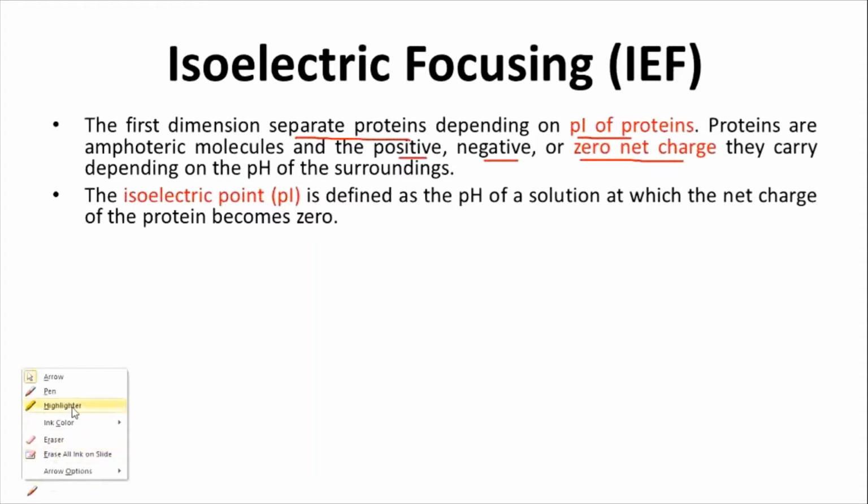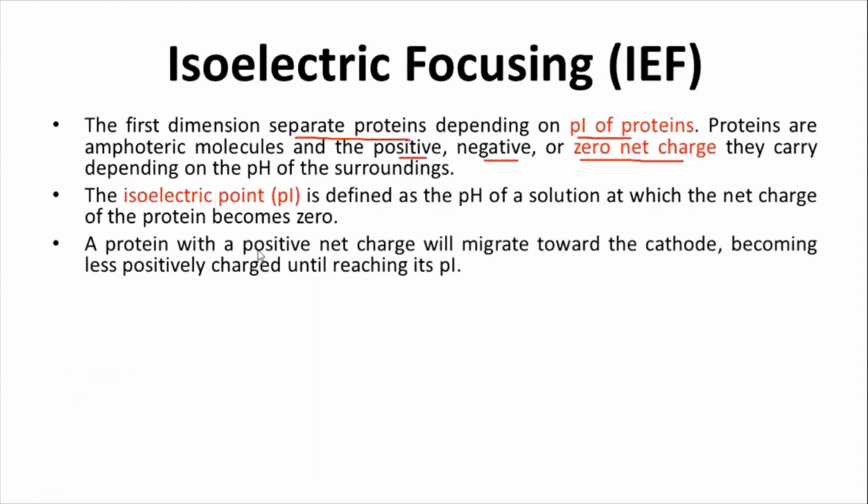It is called the isoelectric point. The protein with a positive net charge will migrate towards the cathode, becoming less positively charged until it reaches its pI. Less positively charged, it migrates slowly. The highly positively charged molecules move nearby the cathode.